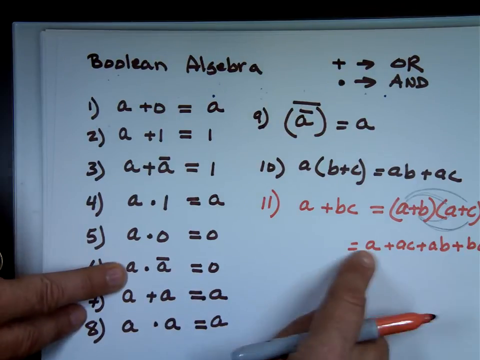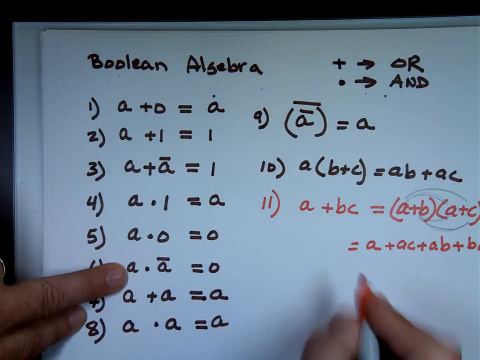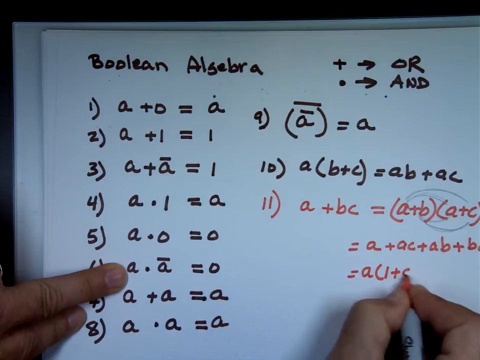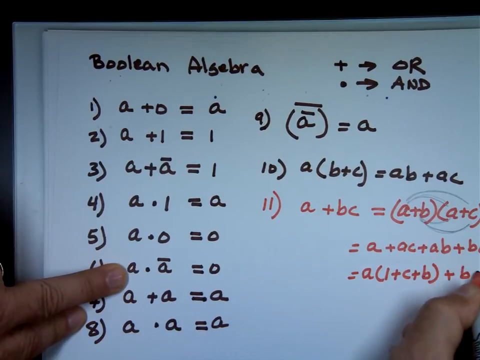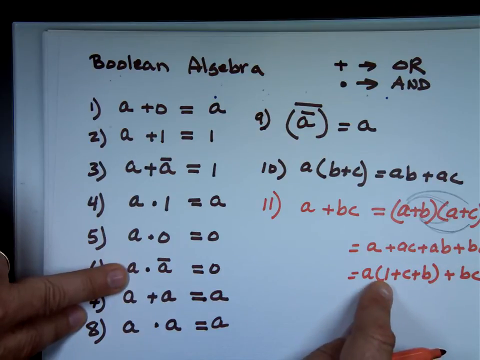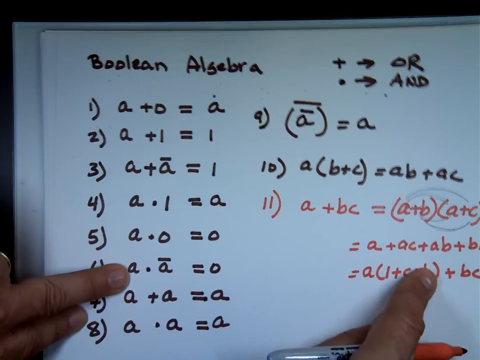Let's look at the first three. What do they have in common? An A. Take an A out. What's left? 1 plus C plus B. That's an OR gate. You already got a 1 here. Any OR gate, once you have a 1, the whole thing is going to be what? 1.